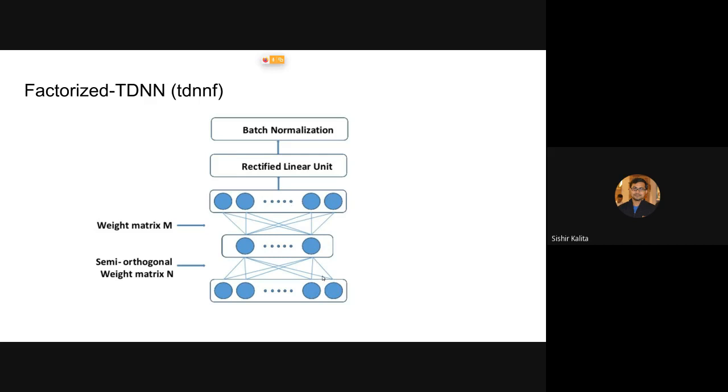That means they minimize the weights, the number of neurons. They project to a low dimensional space and again convert to the higher dimensional space in the third layer. That way they create a bottleneck layer in between each of the hidden layers.